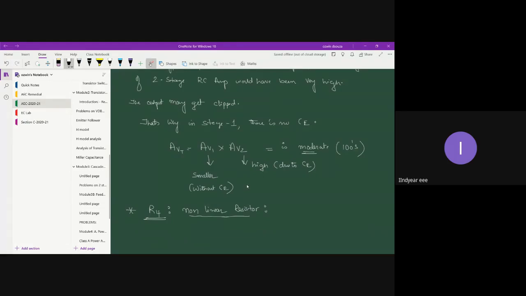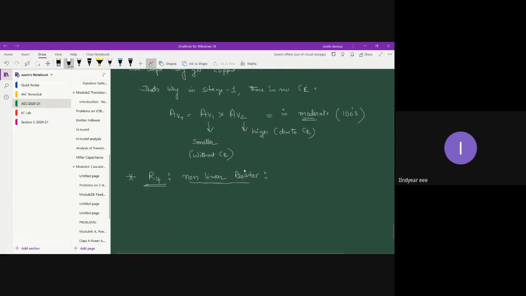Now, this non-linearity has an effect on the output waveform: by tuning R4, a proper sinusoidal signal can be obtained. Now remember, R4 is a part of the feedback circuit.